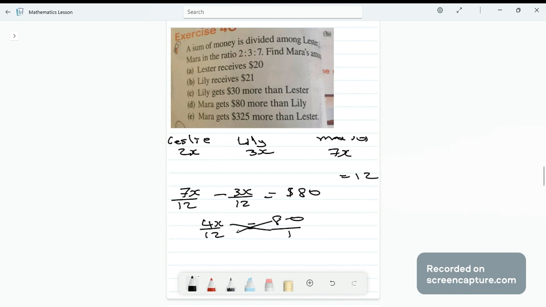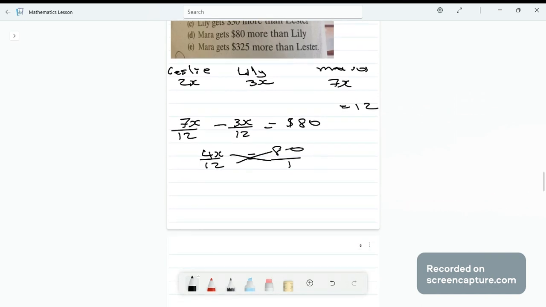All right, treating the whole number, put a 1 at the denominator to make it an equivalent type of fraction. We're going to multiply now and solve through. 12 times 80, yes, that gives us 960.